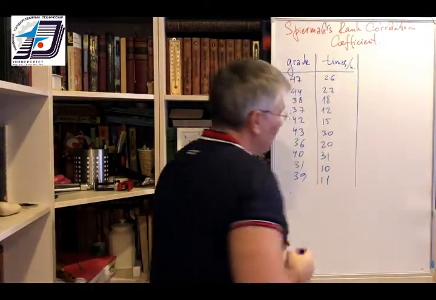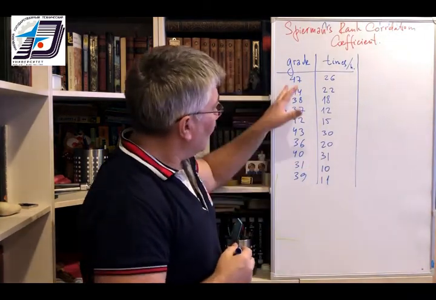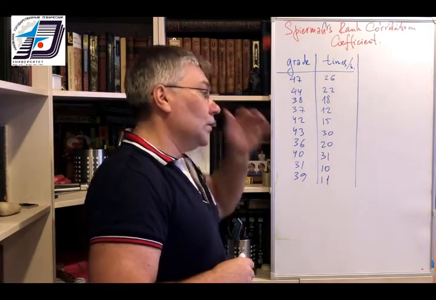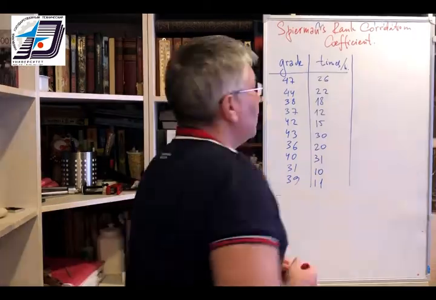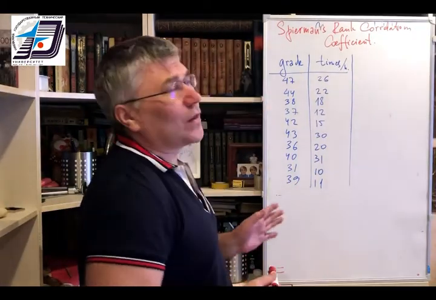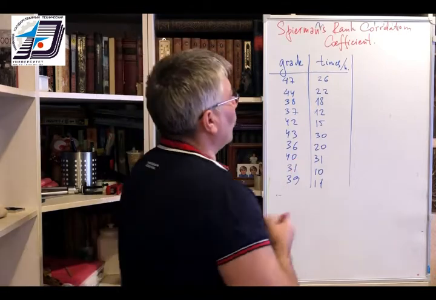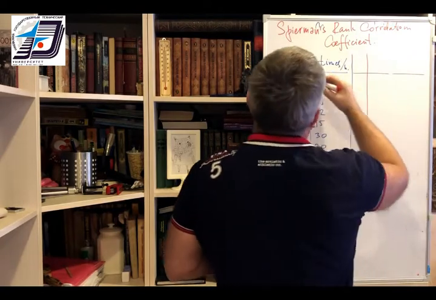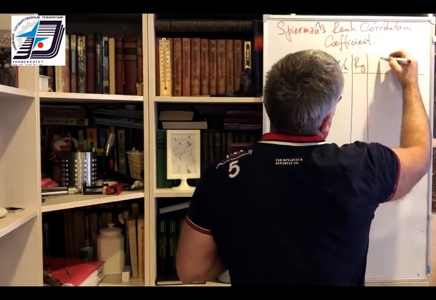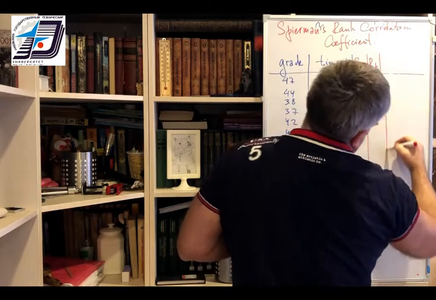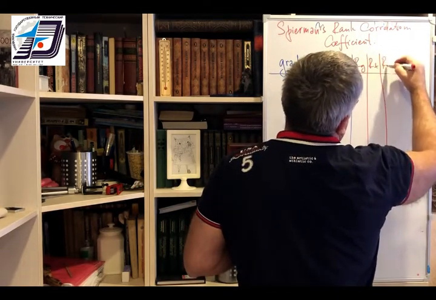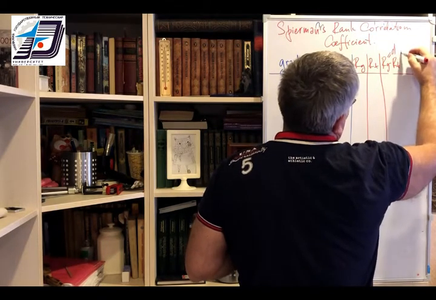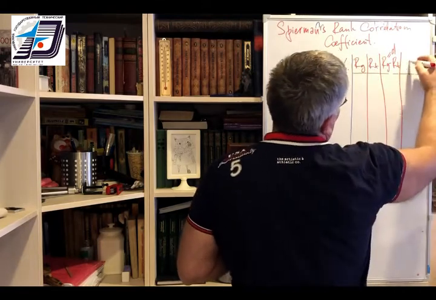To rank means that I have to order them. We need four columns here: the first two, rank of the grade and rank of the time, then rank of the grade minus rank of the time, which I denote D, the difference between ranks, and D squared.